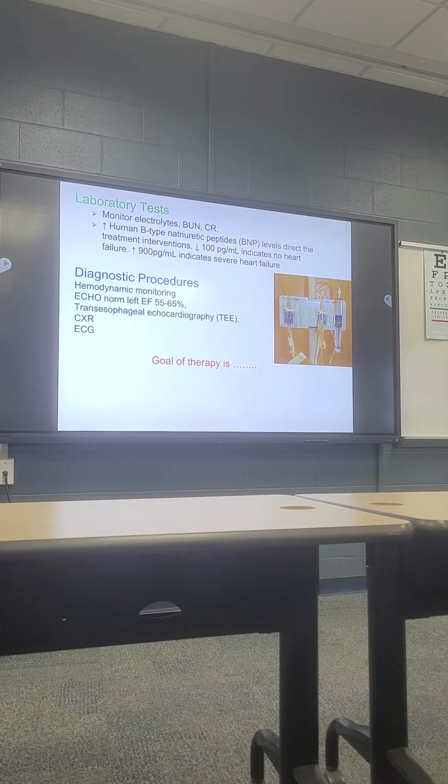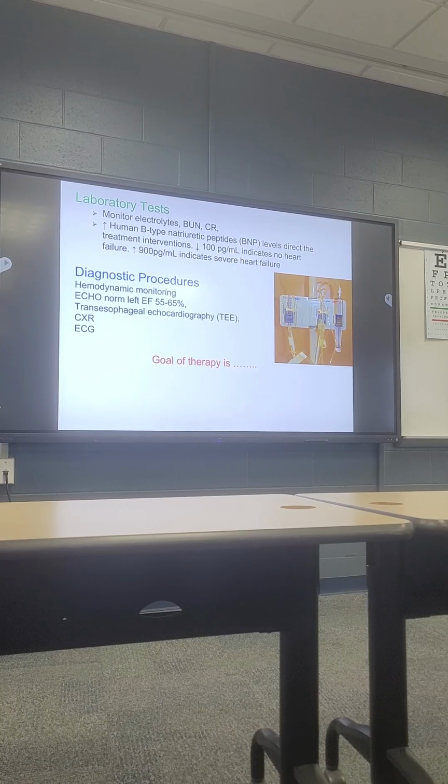Lab tests for heart failure, these we've already gone over. BUN, creatinine, what is going on with their kidneys? Is the heart failure so severe that their kidneys are not getting perfused? So we're looking at their BUN and creatinine. The BNP, these are coming in nowadays crazy high.